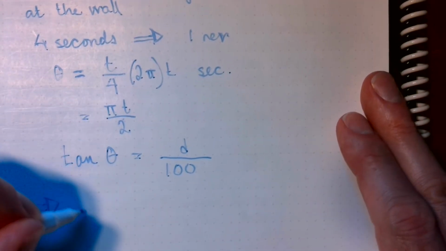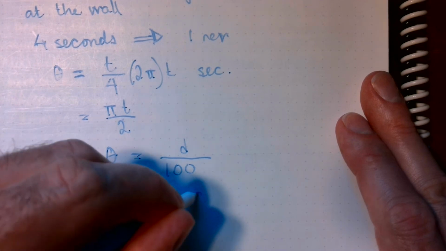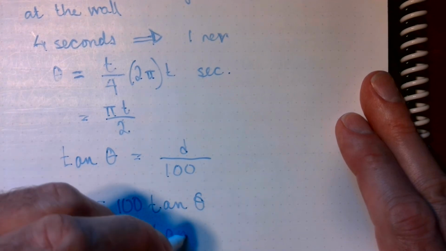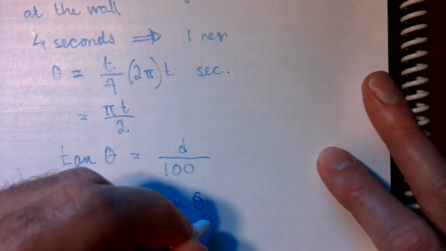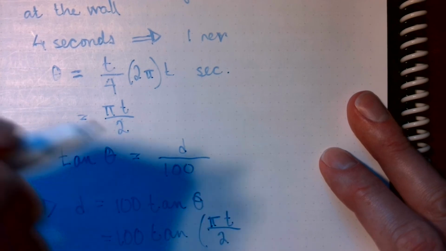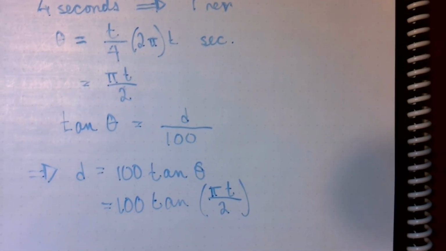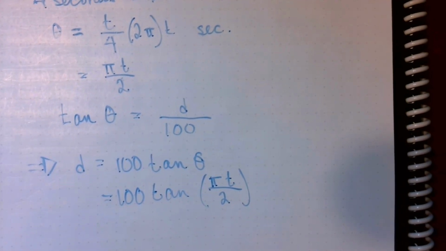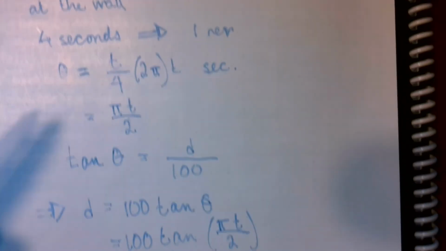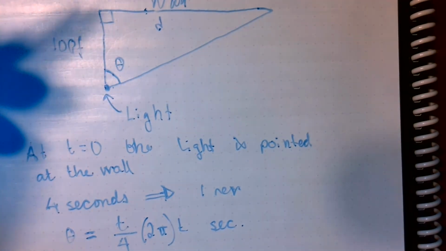So that would mean that d equals 100 tan theta, and we also were expressing theta in terms of t. So I think this works as an expression for d in terms of t. It tells us the distance along the wall that the light is shining given the time t.